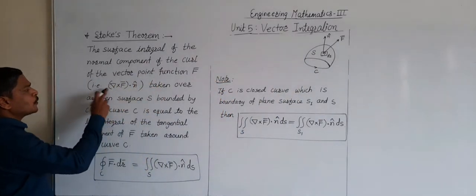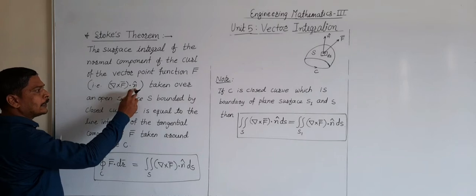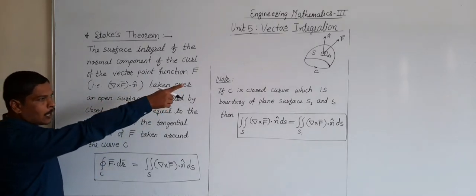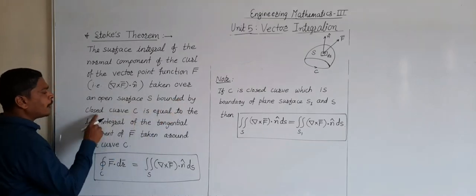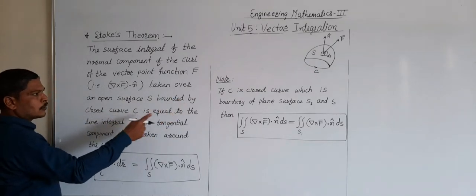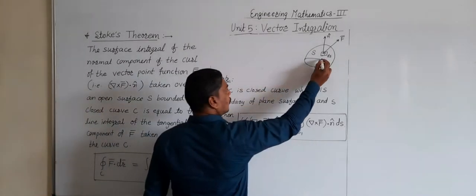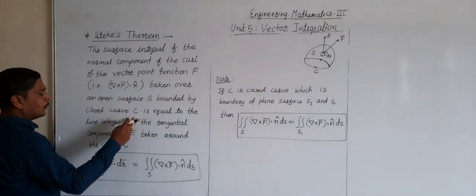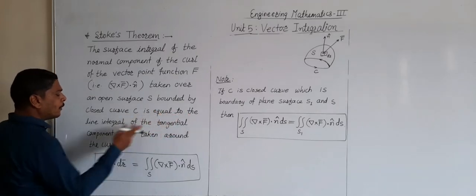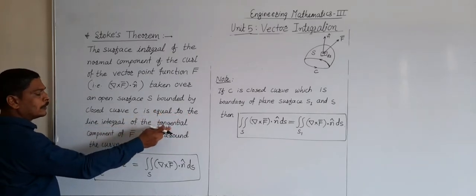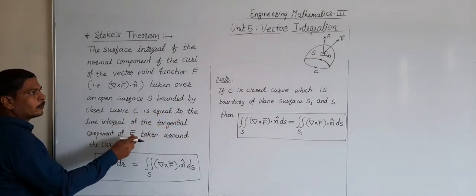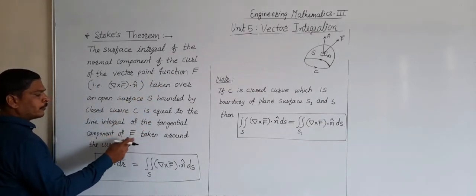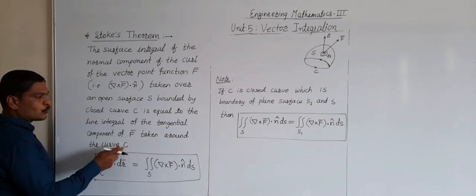Then that means del cross f bar dot n cap taken over an open surface S as shown in the figure, bounded by closed curve C. So this is curve C, and surface S is bounded by this curve C, is equal to the line integral of the tangential component of f bar. As shown in the given figure, the tangential component of f bar taken around the curve C.